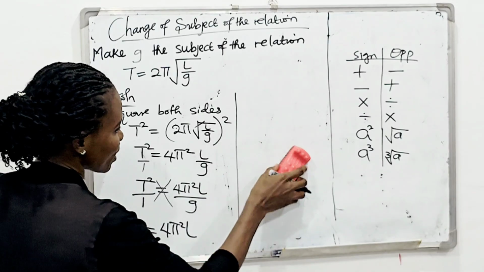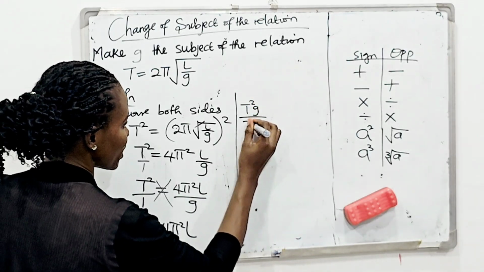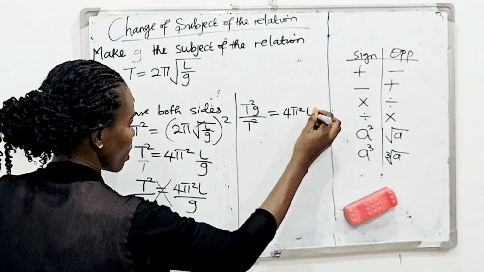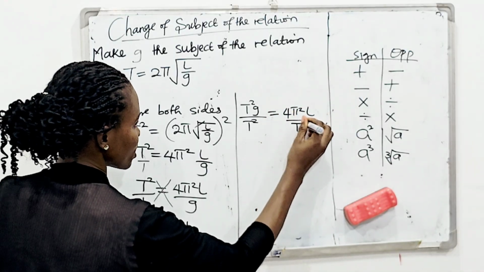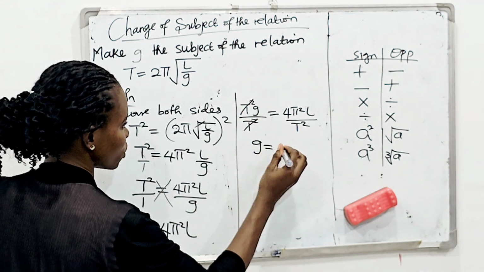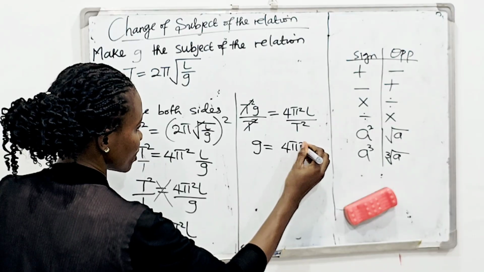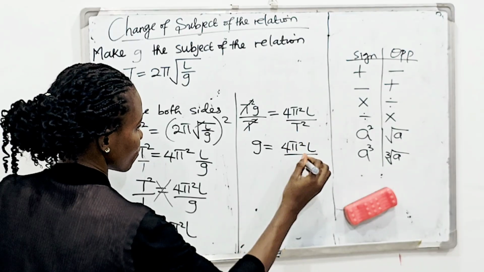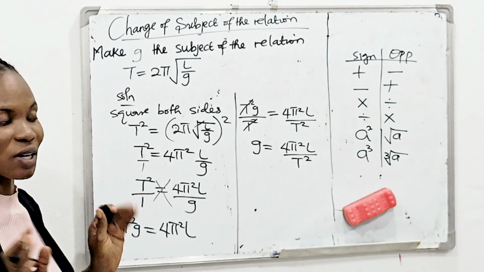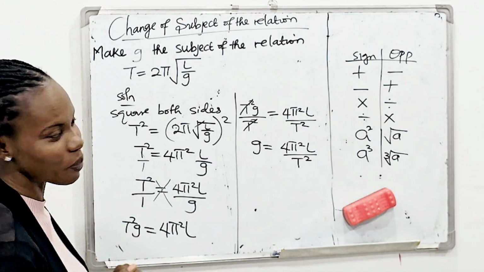So if I do that, I'm going to have t squared g divided by t squared is equal to 4 pi squared L divided by t squared. So this will knock off this. I have only g, which is equal to 4 pi squared L over t squared. So g is now standing alone. We're done with that. Is it not simple? Simple. So let's look at another example on that.